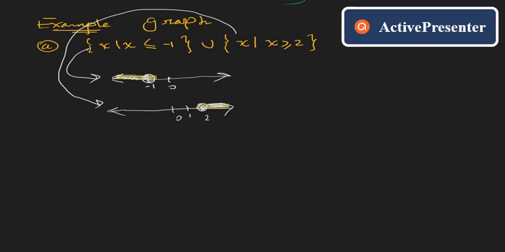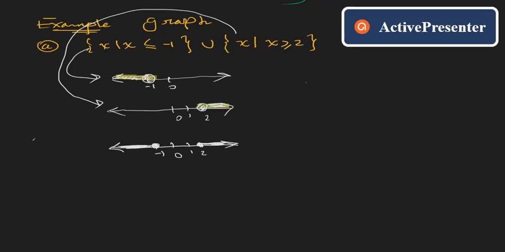We take all the values, then our answer, if we write it here, should be 0, so it is here minus 1 closed, and here 1, 2, here 2 closed.